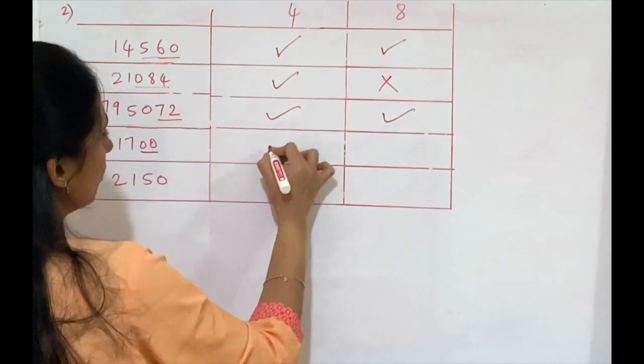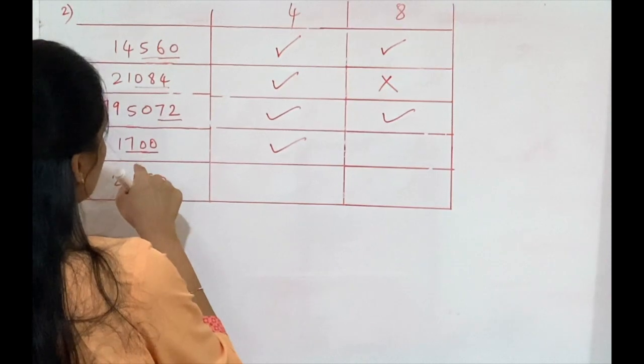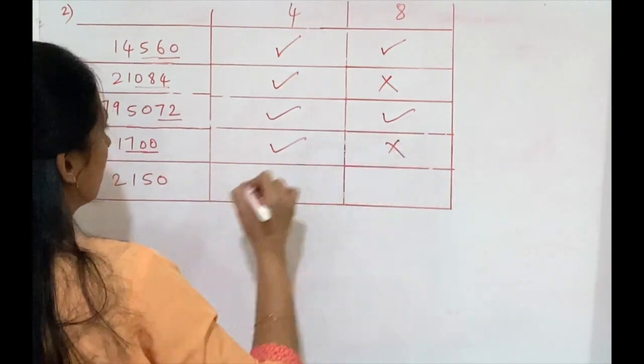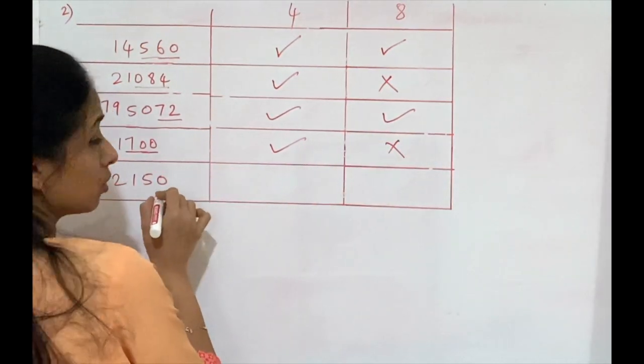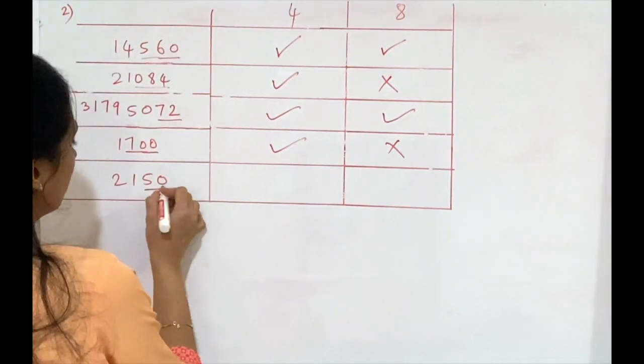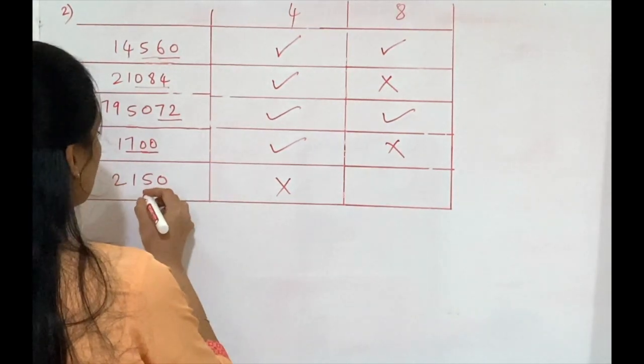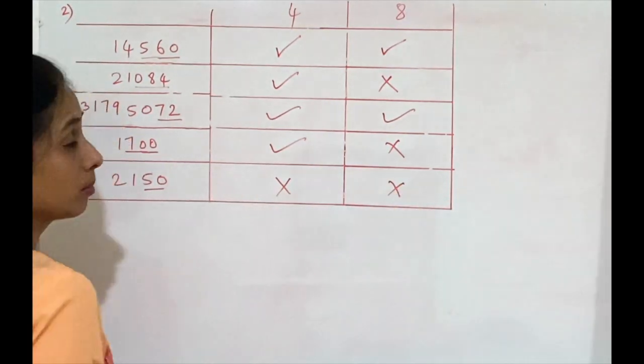You have 0, 0. So it is divisible by 4. 700 is not divisible by 8. So you should divide and find out. Here you have 50. 50 is not divisible by 4. It is not divisible by 8.